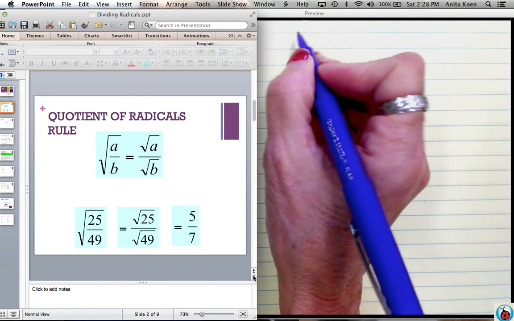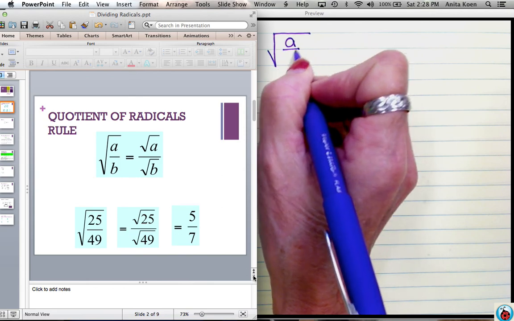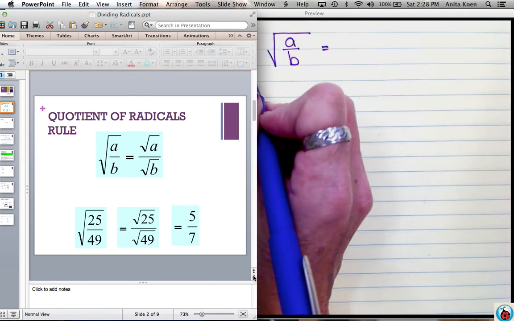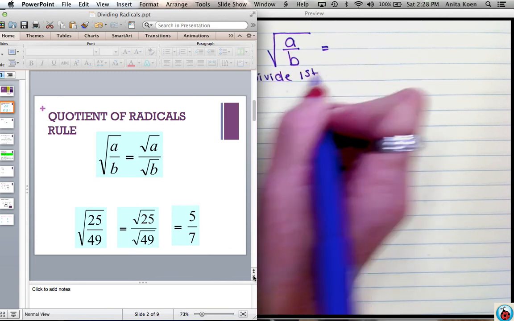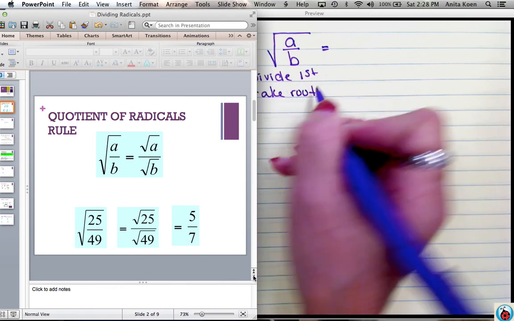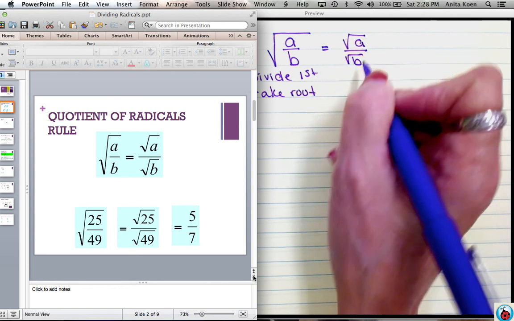And the quotient of radicals rule says that if I have a radical whose radicand is a fraction, then I can either divide first, then take the root, or I can take the root first and then divide.